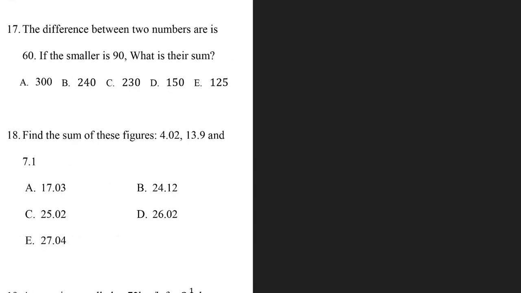Number 17 states that the difference between two numbers is 60, right? If the smaller number is 90, what is their sum? Remember that we don't know these two numbers at first. So we say let the numbers be x and y. The question says the difference, and remember that in mathematics when we talk of difference we're talking about subtraction.